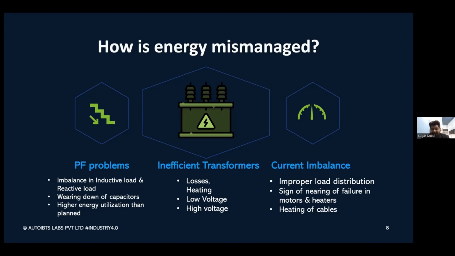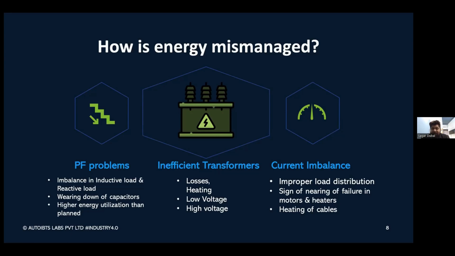Then second would be inefficient transformers, which come into play after 5 years, 10 years down the line, and run into losses due to heating of the transformer. Maybe the old OLTC is not working, the taps are not being changed, so you are getting low voltage, it's not able to transform voltage correctly, and your system is working on low voltage, or maybe on higher voltage, due to which everything will go haywire.